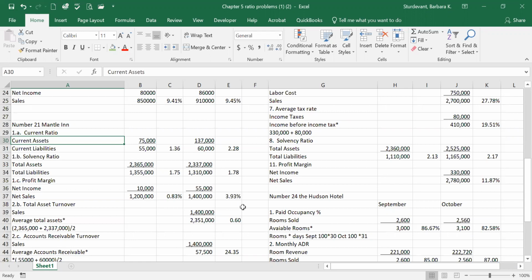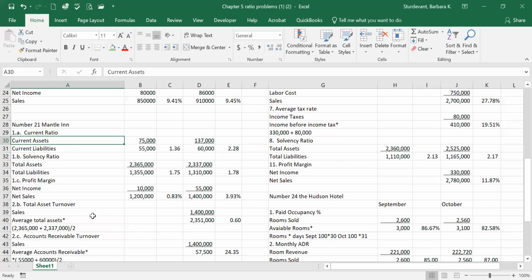So if you look at your income statement, sales increased by $200,000, but your cost of sales only increased by $80,000. And then other expenses. So of course, if we have more income, we have to pay more tax. So this is a nice improvement.